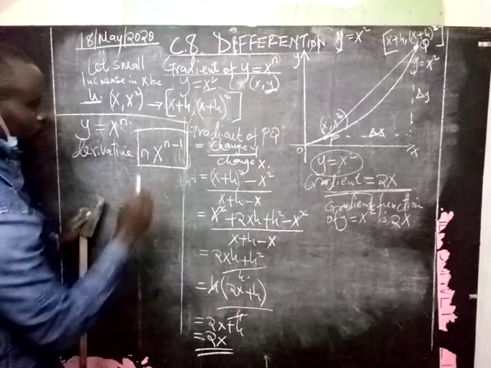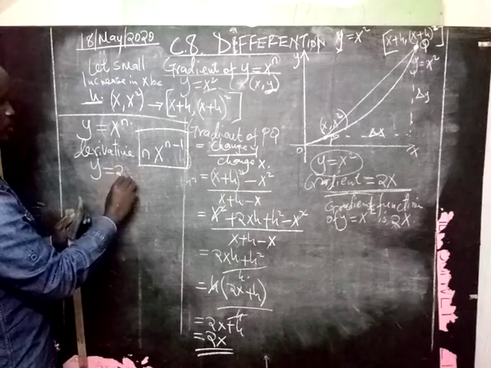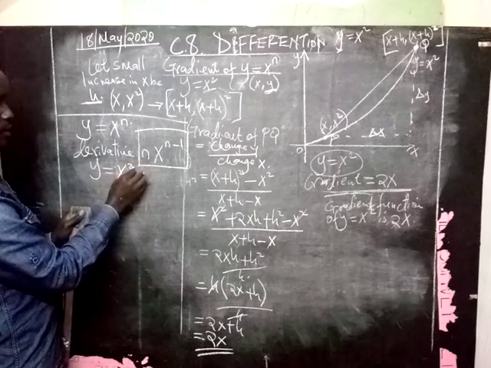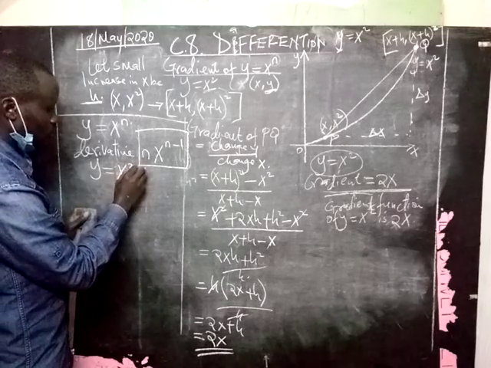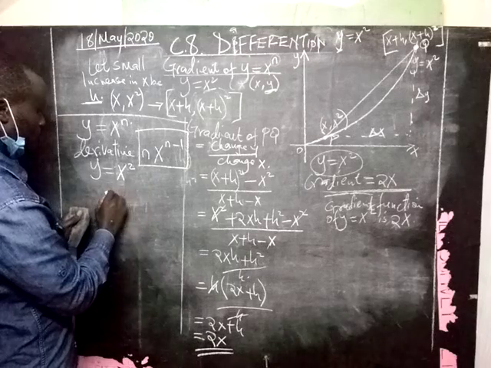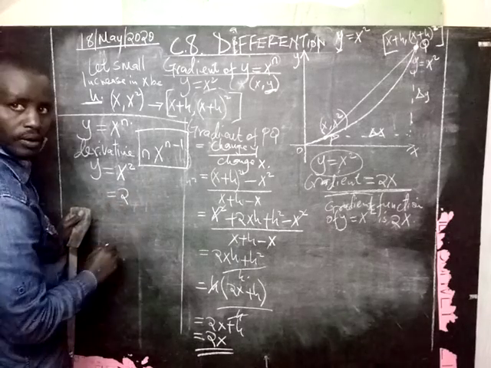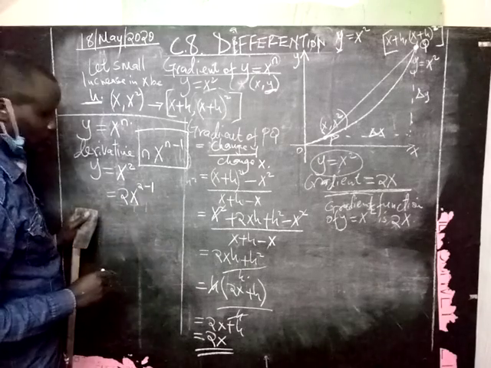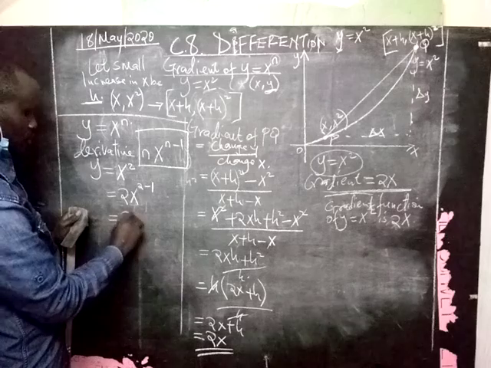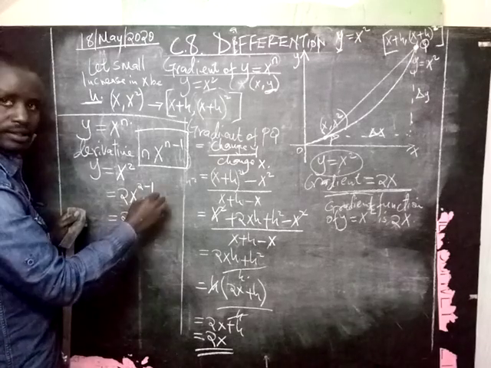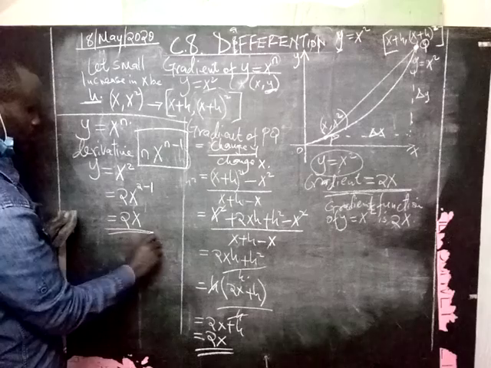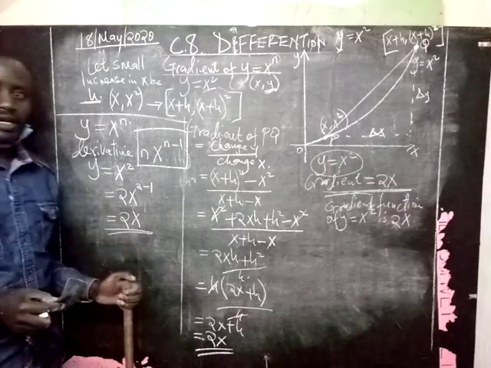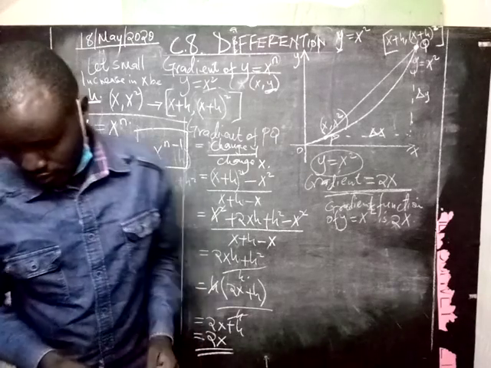That is why in the case where we had y equals x raised to 2, we brought this 2, then we say x raised to 2 minus 1 to get 2x, because this is x raised to 1. So this is our derivative, or derived function, or gradient function.